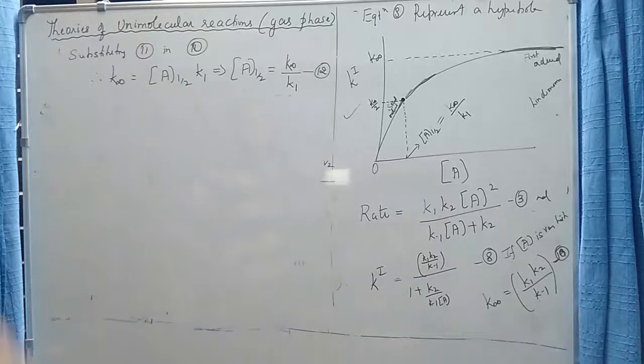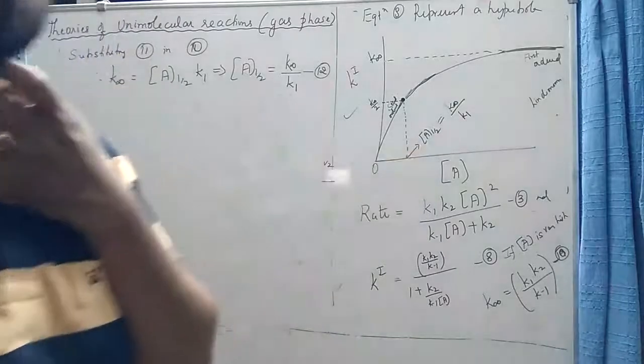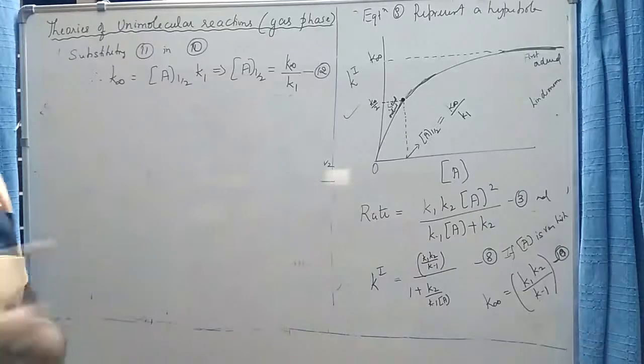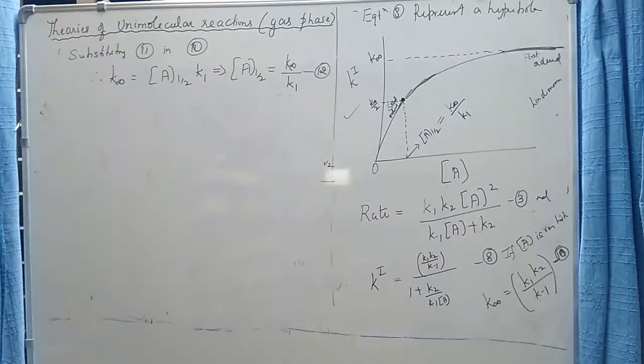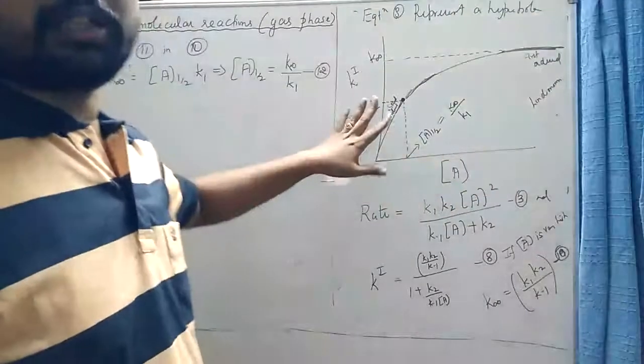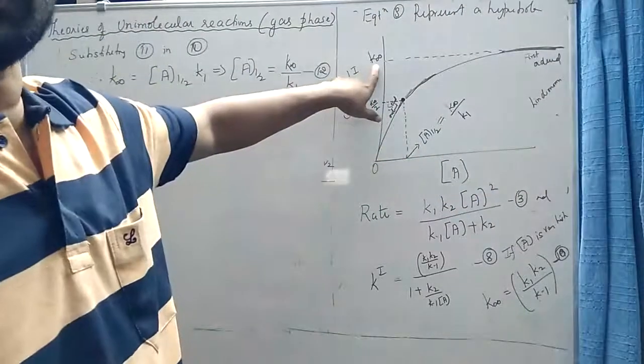Now let us try to find out the value of a half, theoretically as well as experimentally. So what is the value of a half predicted by Lindemann, and what is the experimentally observed value of a half? The experimental value of a half can be obtained from this graph. This is an experimental curve where I can easily find out k infinity.